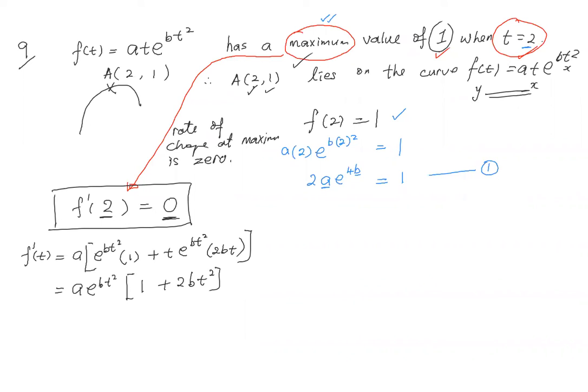So now I sub in 0 equal to a e to the power of 4b, I sub my t equal to 2, 1 plus 8b. So now I have the second equation. So now I can start to solve, from equation 2.